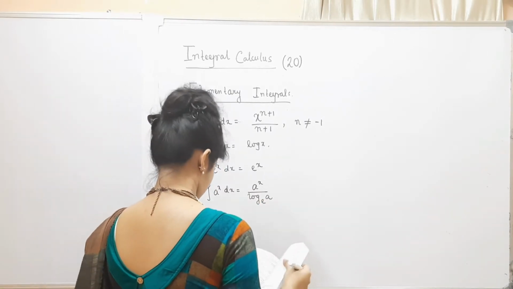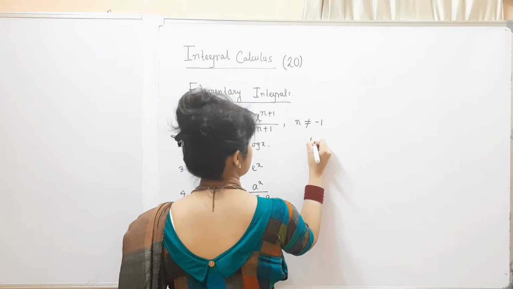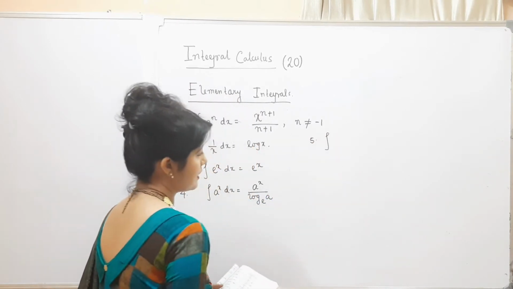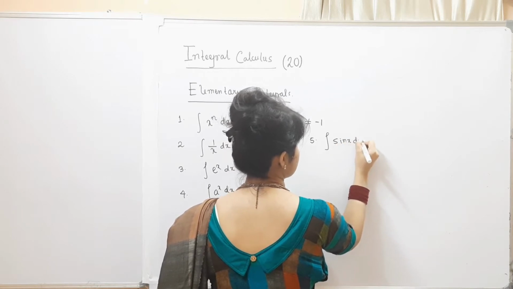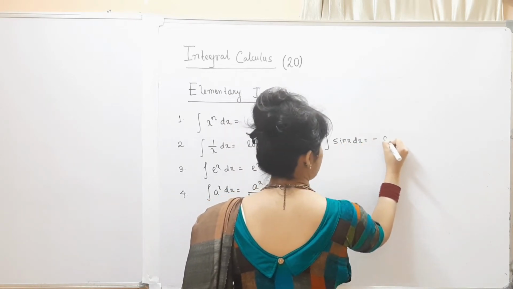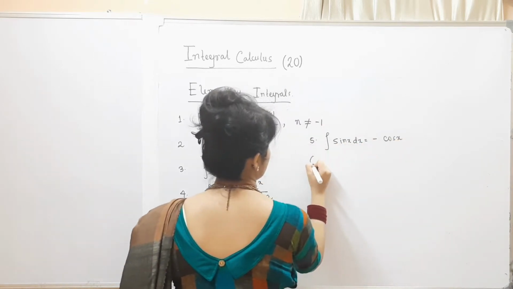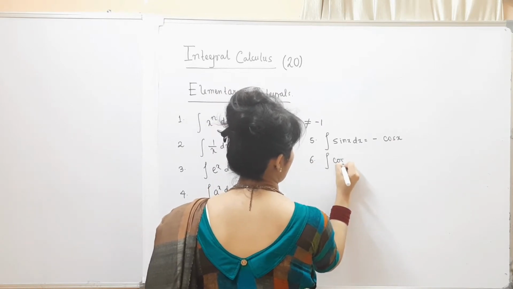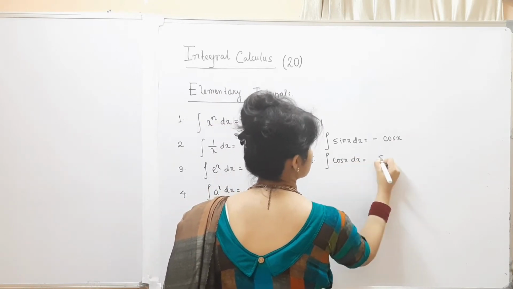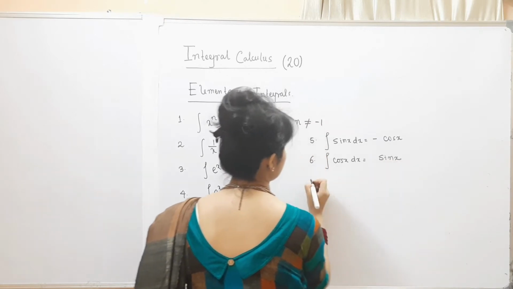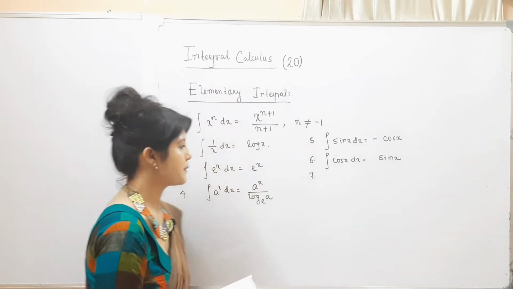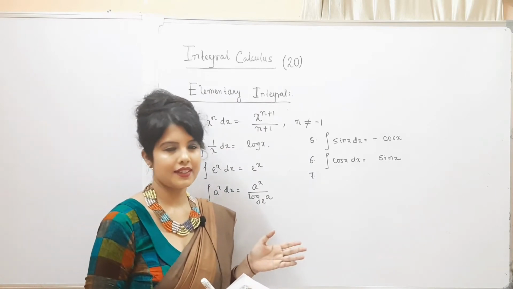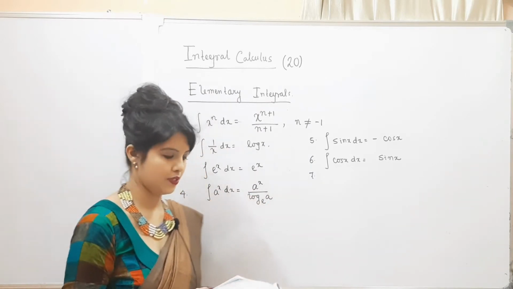Now in number 5, whenever we are going to integrate the trigonometric function, that is integration sin x dx equal to minus cos x, okay. Integration cos x dx equals to plus sin x, okay. And actually you can write it cos x plus c or sin x plus c, but I am omitting it because it is obviously known to you, okay.